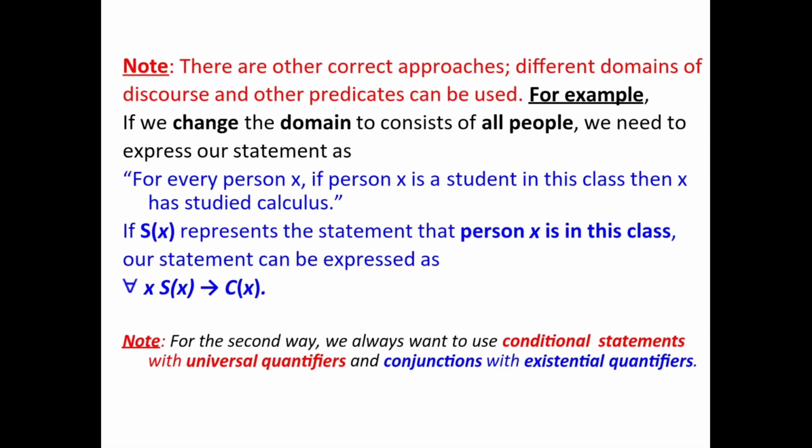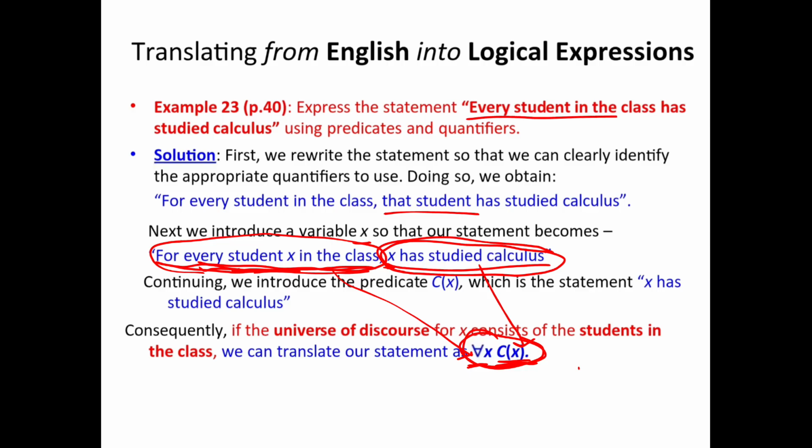So there are other correct approaches, different domains of discourse, and other predicates that can be used. So for example, if we change the domain to consist of all people, we need to express our statement as, for example, the statement we gave earlier is, every student in the class has studied calculus.